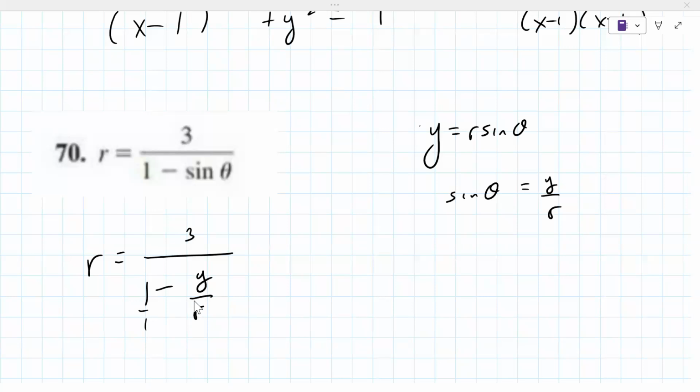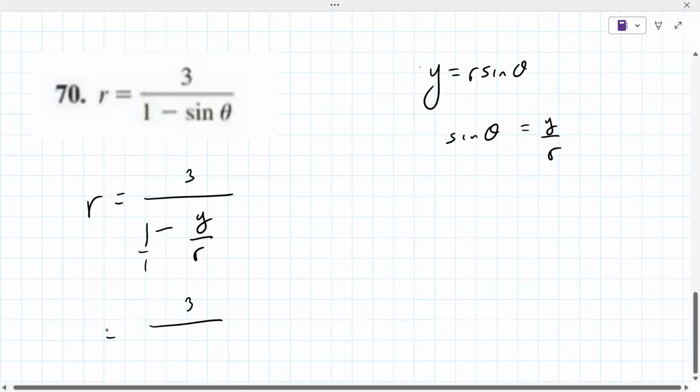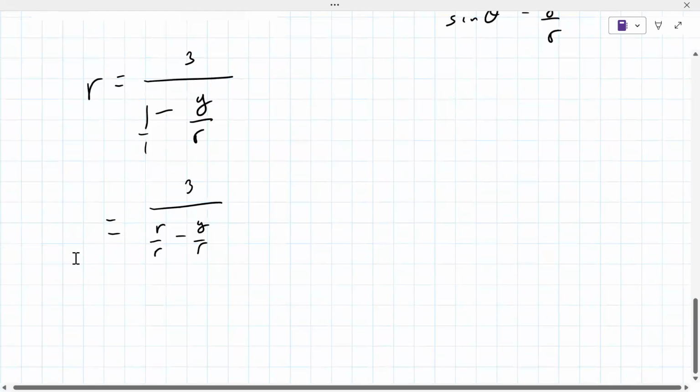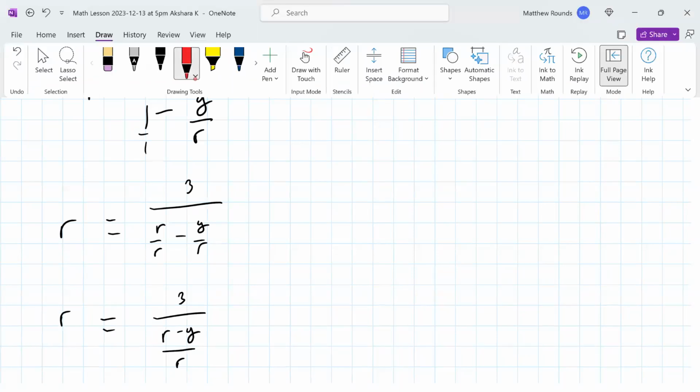Okay. Yeah, actually I want to make a common denominator down here on the bottom. So it's 3 over r minus y over r. That's one way to proceed. And then it becomes 3r over r minus y.